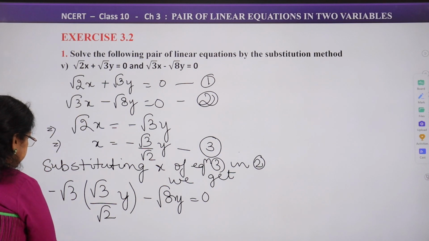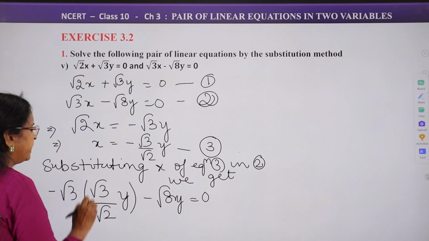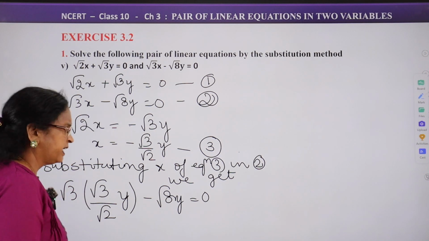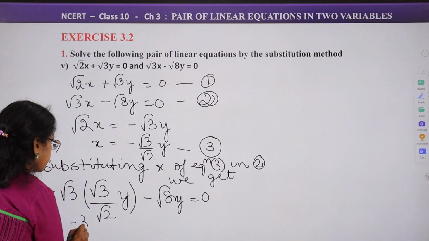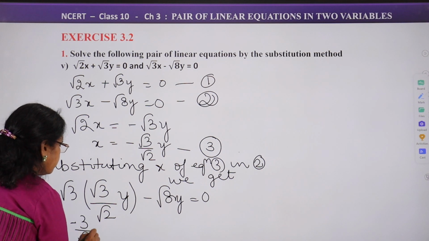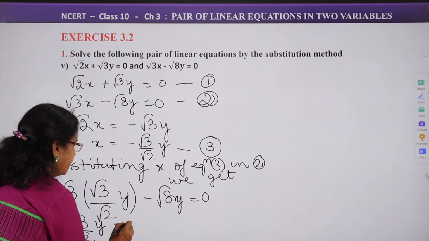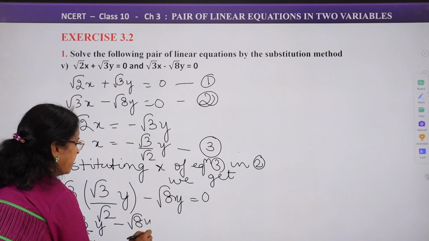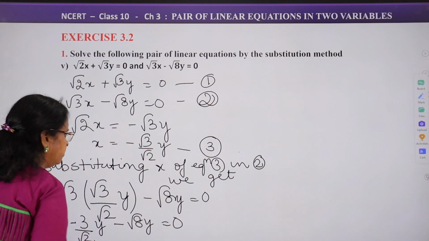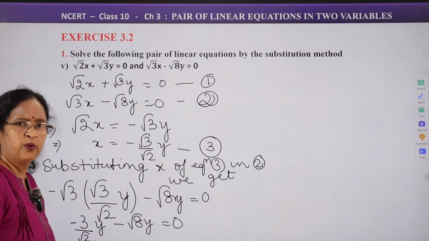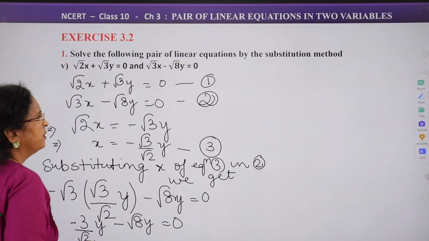Now, this implies root 3 into root 3 is 3. Minus 3 by root 2 y minus root 8y is equal to 0.